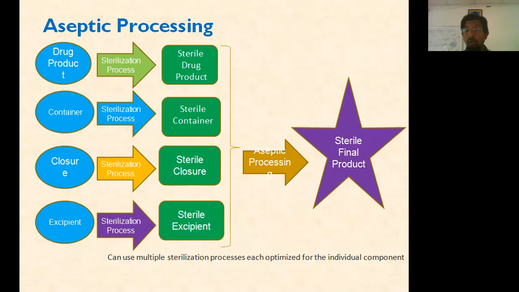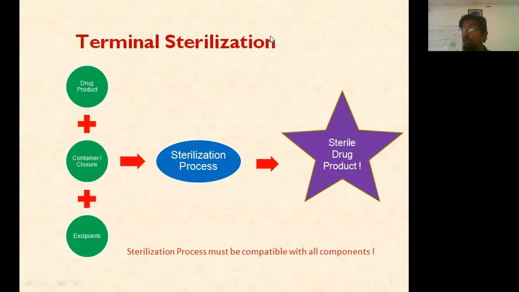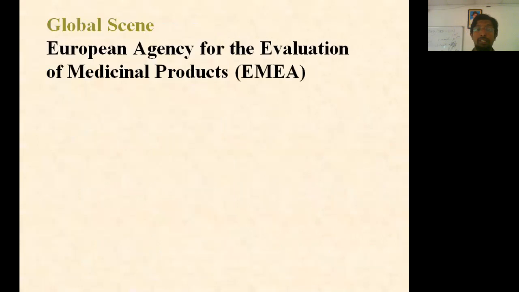Then I'll take all those things, go for aseptic processing, fill them in, and the sterile final product is achieved. So what is the difference in these two, the old one and the new one? In the old method, terminal sterilization, you mix everything and the final packed and sealed containers are sterilized at the terminal, end stage. Whereas here, at every step there is a sterilization. So that is the basic difference.